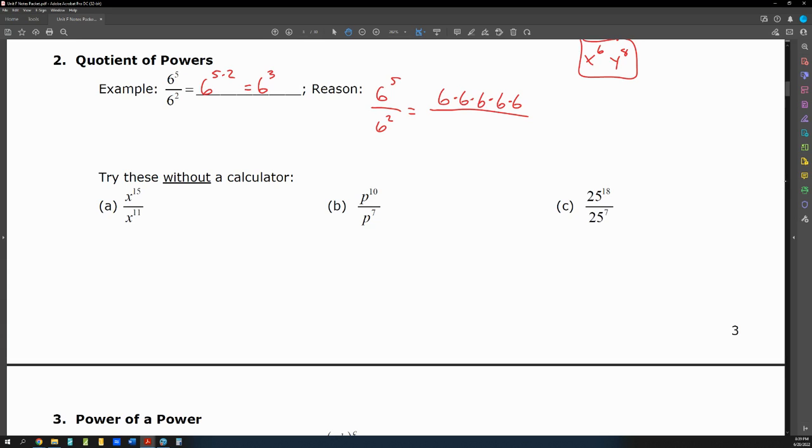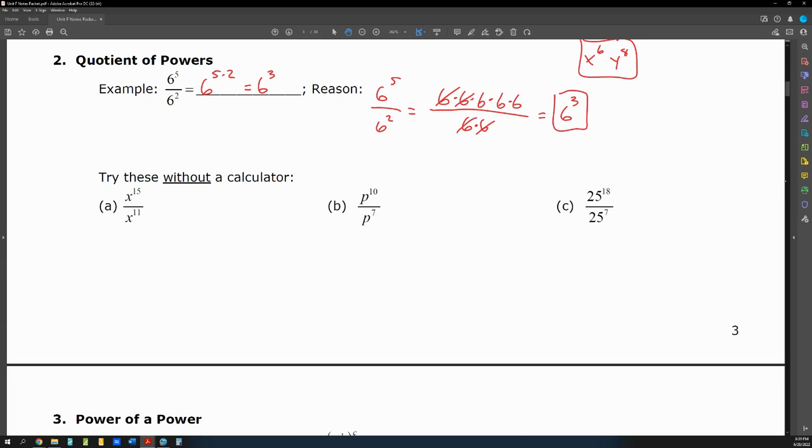In the denominator we would have 6 squared, or 6 times itself 2 times. And then notice we can cancel out a pair or 2 factors of 6's in both the numerator and denominator. All that's left is 3 6's in the numerator, or 6 cubed.